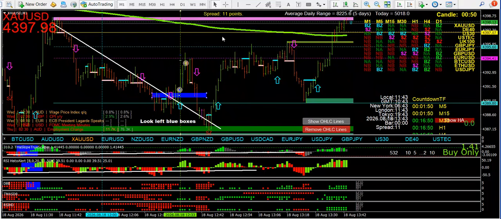We are now at 11:43 UK time, so we're running into the US session and well into the UK session. But this is a 32.5 pip trade that was waited for and waited for, not by me staring at the charts. So just get in and out.